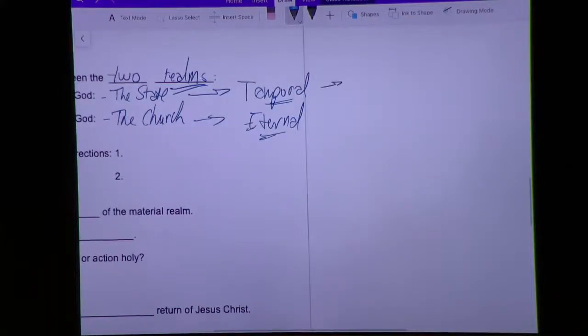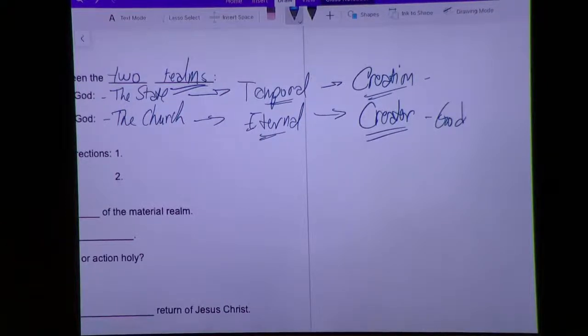And even more clearly, the temporal realm deals with things in creation, and the eternal realm deals with the creator of all things, in other words, God. So up here, I'm interested in other creatures, and in the other one, I'm interested in how I'm functioning with God.